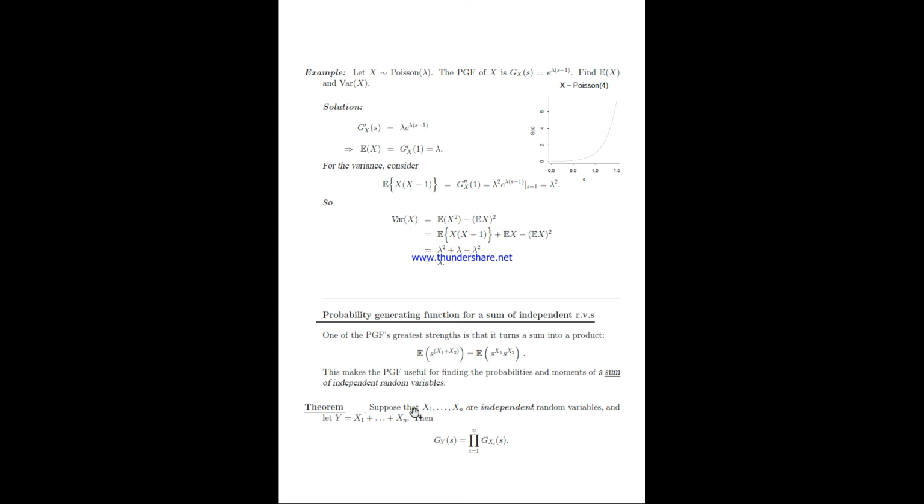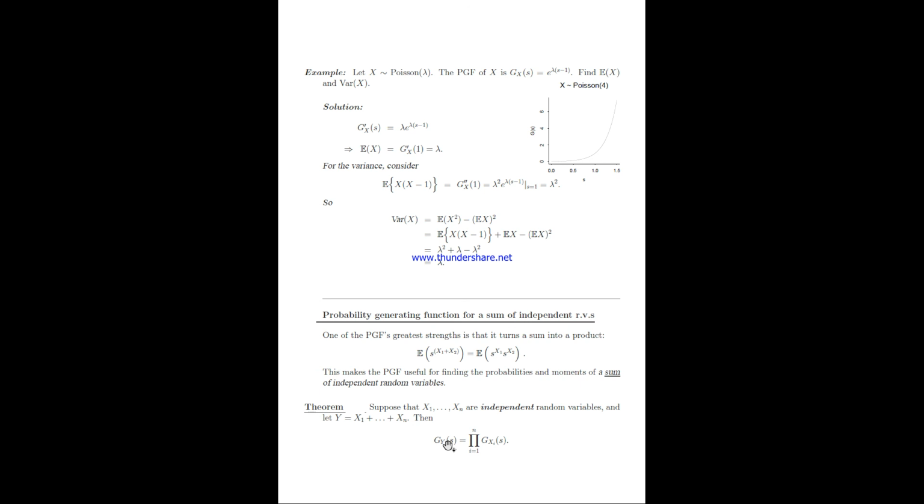So that is, if you have x1, x2 up to xn independent random variables, let's say y is the summation of these n random variables, and we are interested in the probability generating function of y.